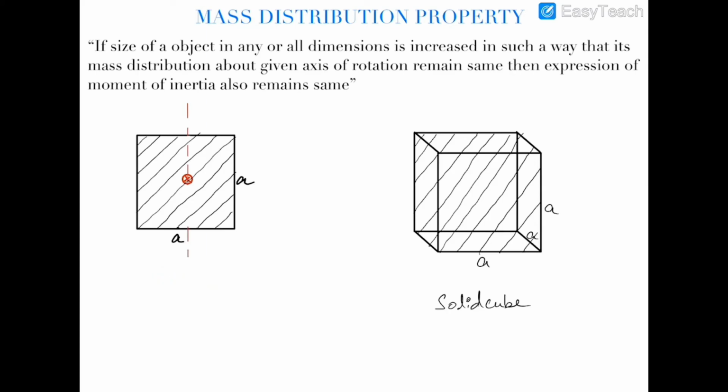Let's suppose that the mass of the square is m and the mass of this cube is capital M. So the moment of inertia of this square is I equals m a square by 6. Now if I assume this cube to be formed of these squares which are symmetrically placed over each other like that.